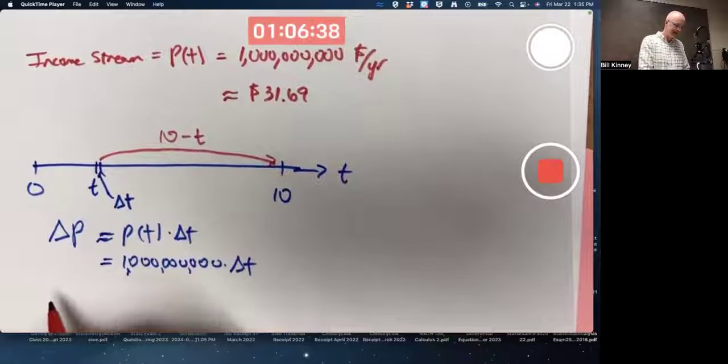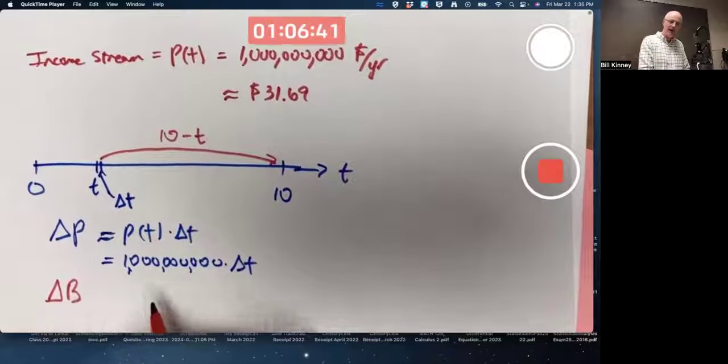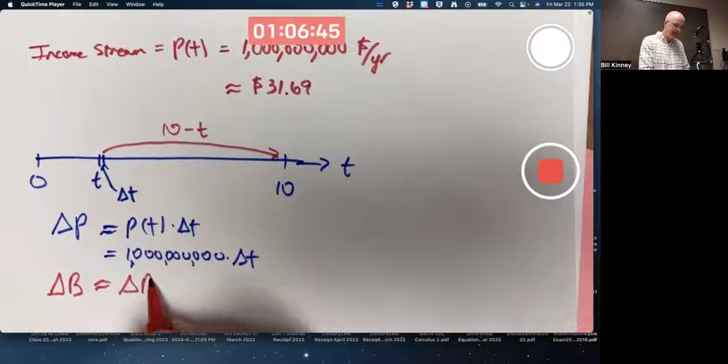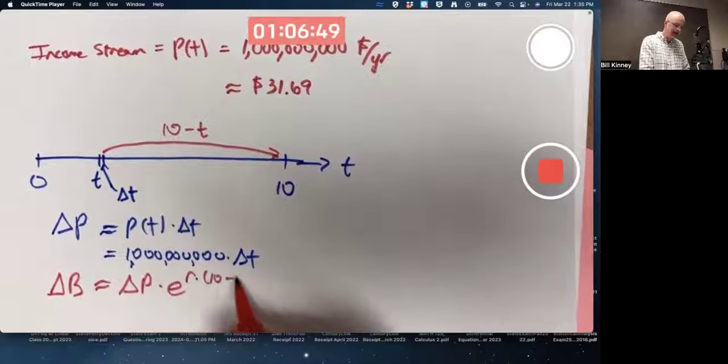The balance of such a small amount would be the small amount itself times e to the r times not t, but 10 minus t.